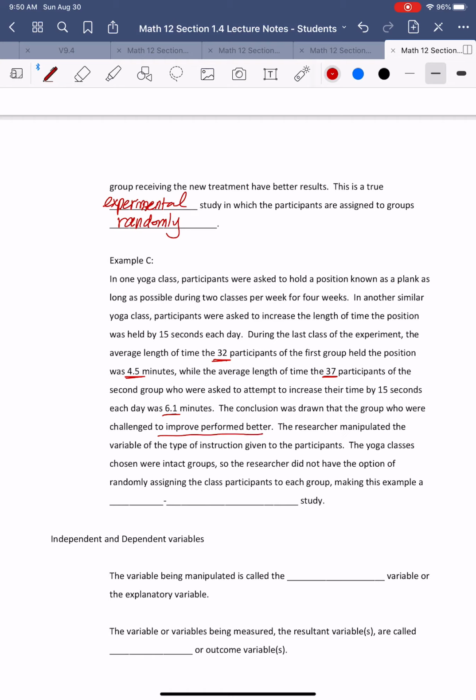The researcher manipulated the variable of the type of instruction given to the participants, and the yoga classes chosen were intact groups. So the researcher did not have the option to randomly assign the class participants to each group.